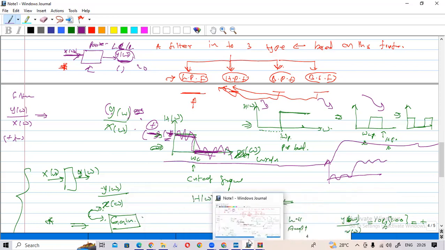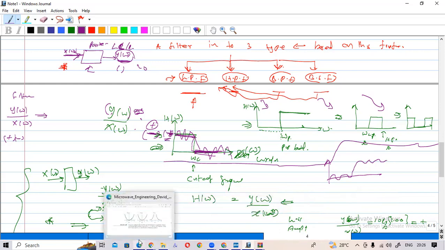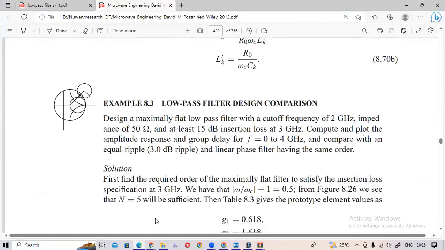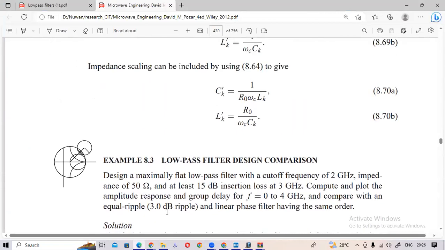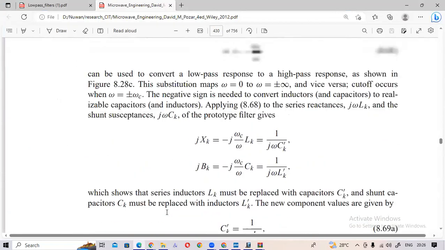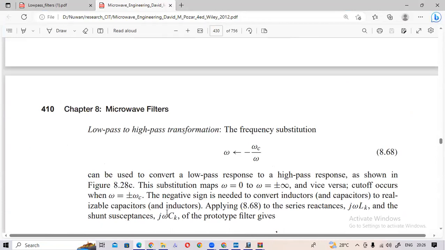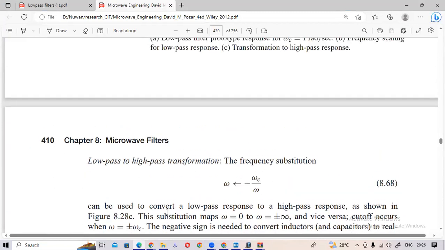Okay, so if you didn't understand completely these things, that will be okay. Okay, later you can understand. Okay, then you can do the design. Okay, so that is how our procedure, those are our filter design steps.